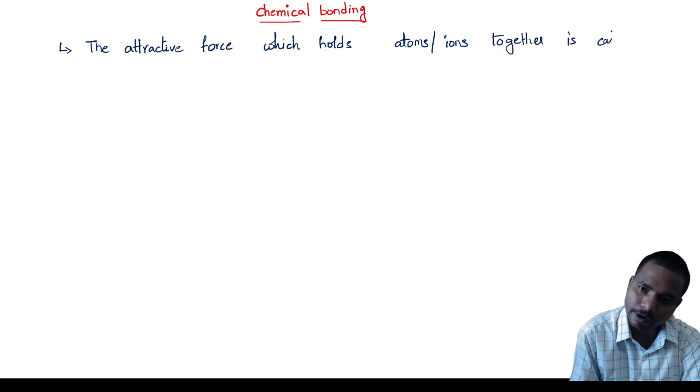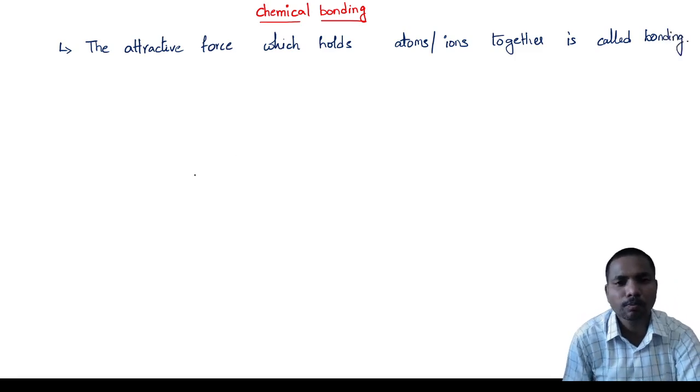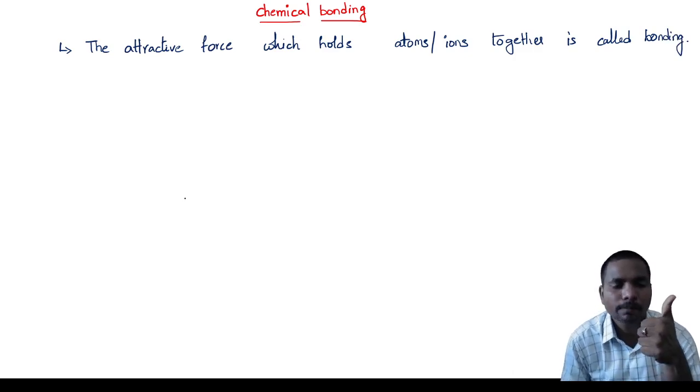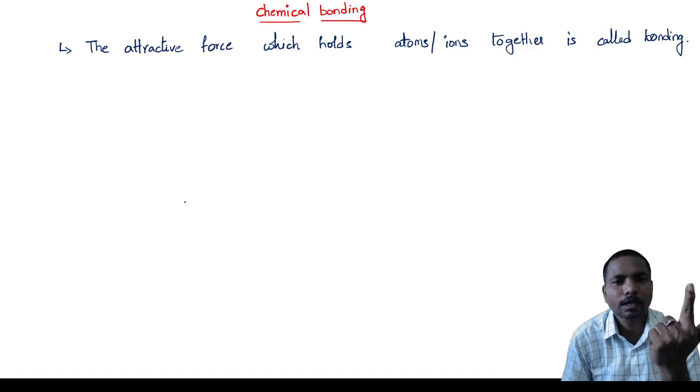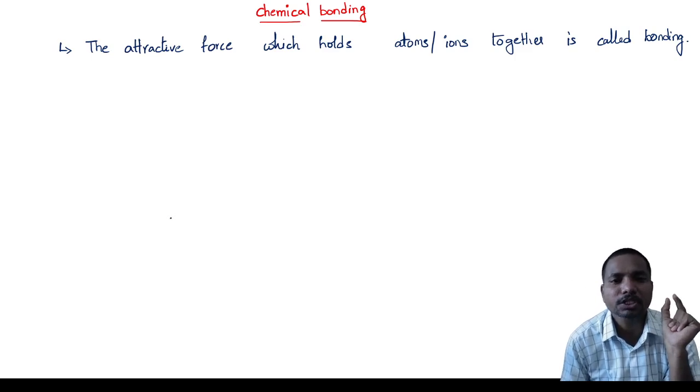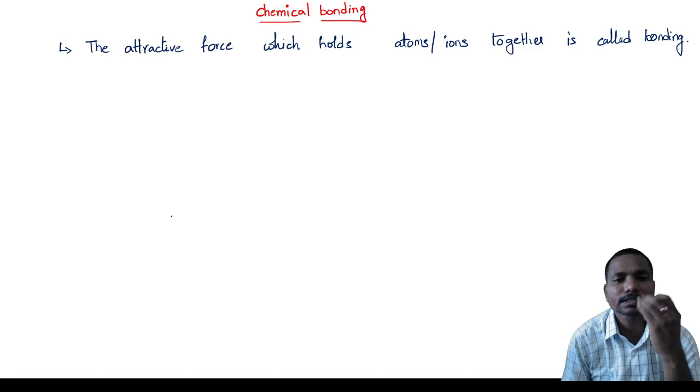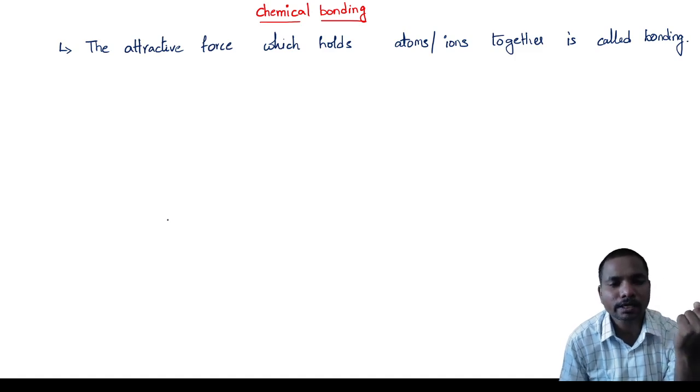In chemistry we have mainly ionic bond, covalent bond, van der Waals bond, and hydrogen bond. That means approximately we have four bonds. Of those, the first two, ionic and covalent, are said to be strong bonds, and hydrogen and van der Waals bonds are said to be weaker bonds.